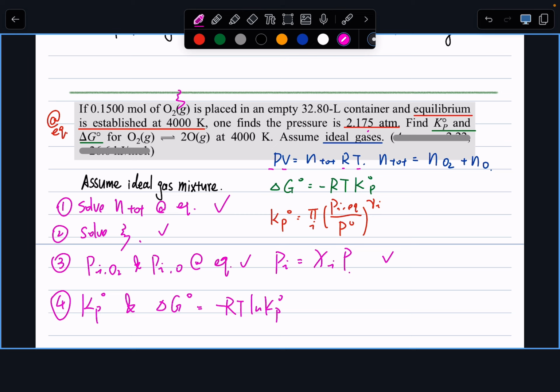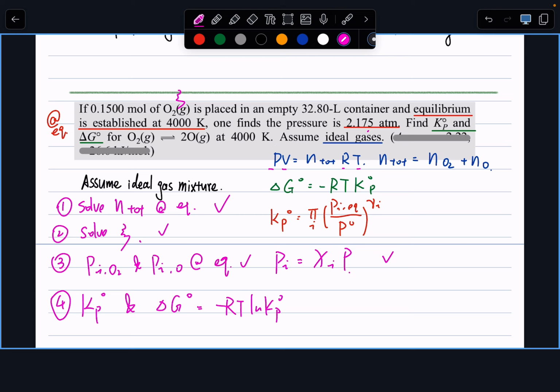The next one is plugging into my definition for the equilibrium constant. So the equilibrium constant is the partial pressure of O2 at equilibrium divided by P naught, to the stoichiometric coefficient of O2, which is -1, times the partial pressure of elemental oxygen at equilibrium over P naught, to the stoichiometric coefficient of oxygen, which is 2 here.